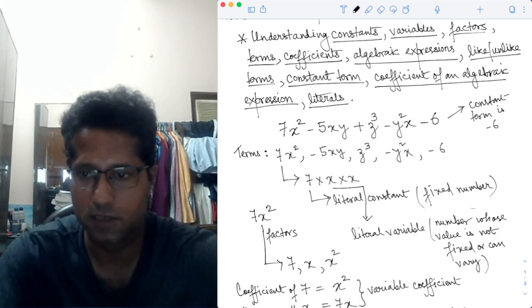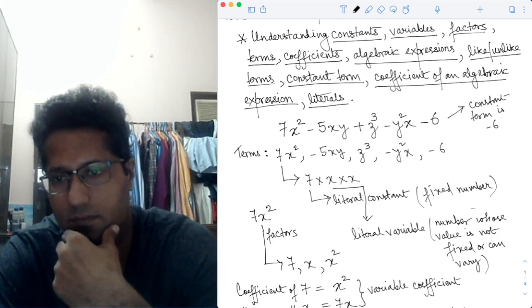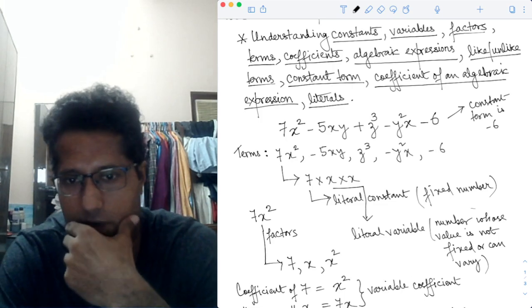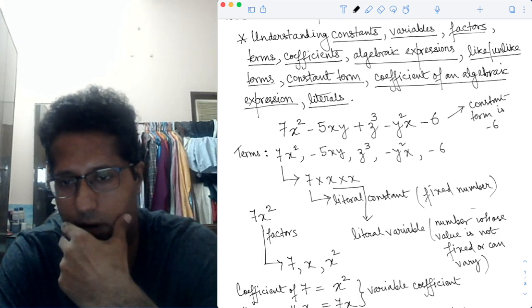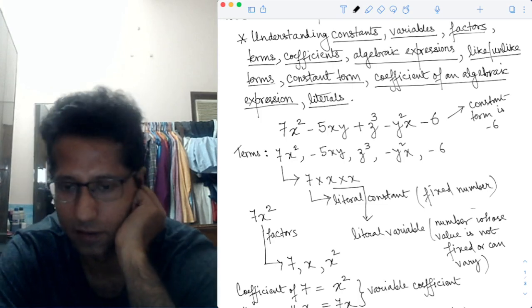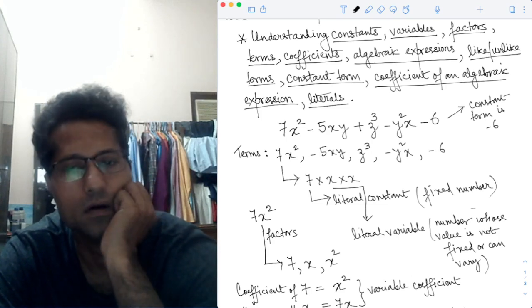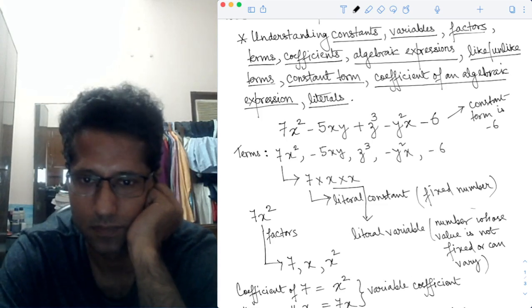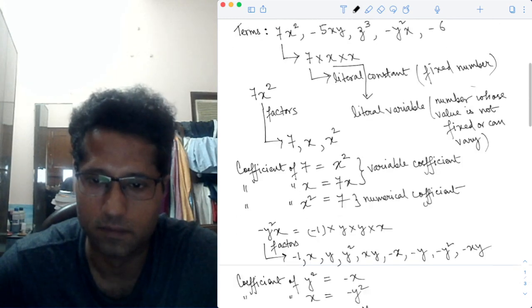Minus 6 is the constant term because it has no literal factors. There are no variables like x, y, z. It is purely numerical. You can think of a constant term like this, a term which has only one factor, and that is a literal constant. Okay, so that is a constant term.